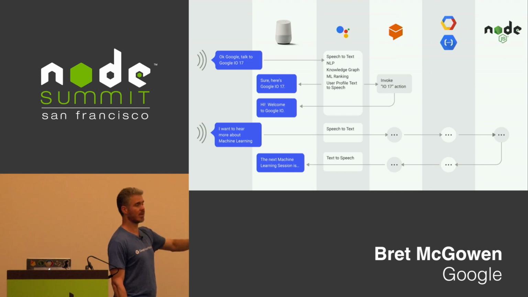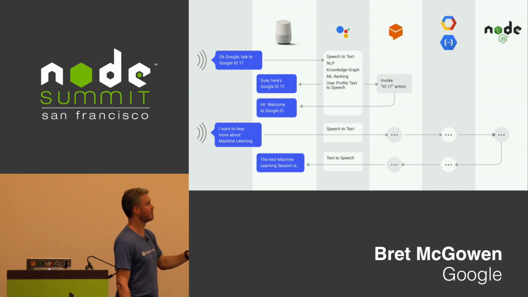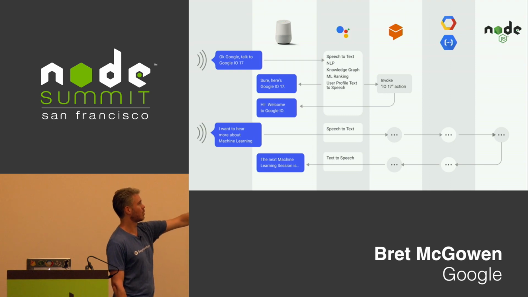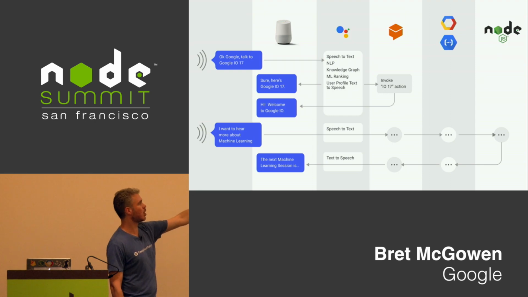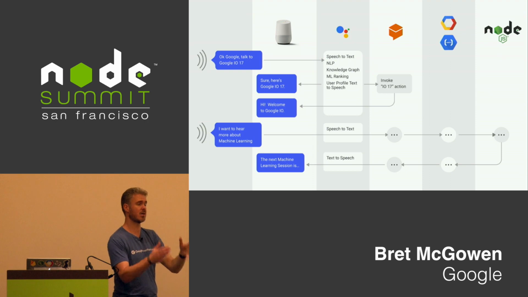So in that case, it recognizes that there's an app called Google I/O 17. It will respond back to the user, the phrase, sure, here's Google I/O 17. So the user now knows they're interacting with your app specifically. And then it's going to call API.AI to actually invoke that action. So API.AI knows to respond with the specific welcome phrase, hello, welcome to Google I/O. So now the user knows they're talking to your app.